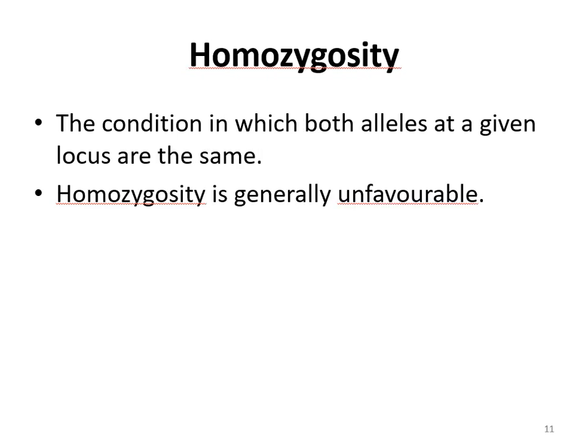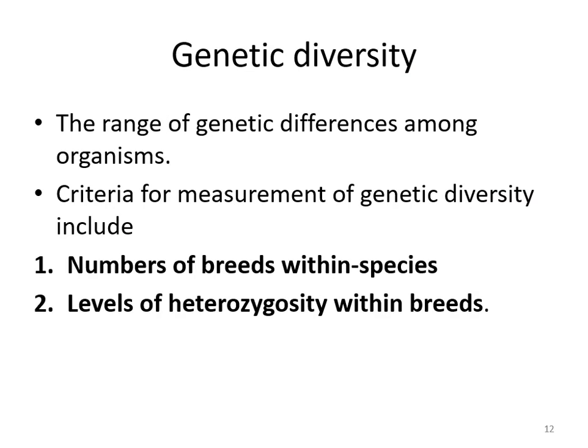And as opposed to that, homozygosity is a condition in which both alleles at a given locus are the same. They have received the same thing from both parents, so the individual becomes homozygous. And homozygosity is generally unfavorable. It is a threat to genetic diversity.